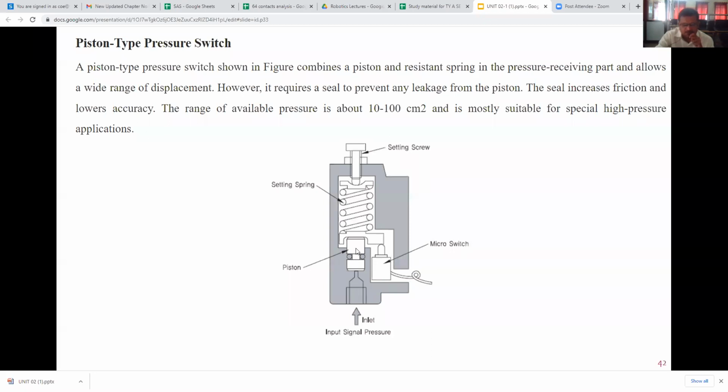If pressure increases, this piston will move in upward direction. At the same time, it will compress the spring, and this plate is going to operate this micro switch, and it will indicate the pressure. Therefore, for the piston type pressure switch, we will see its animation.